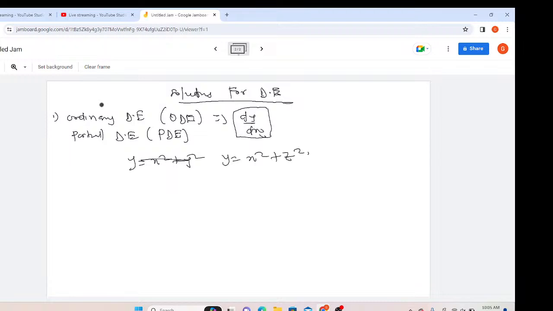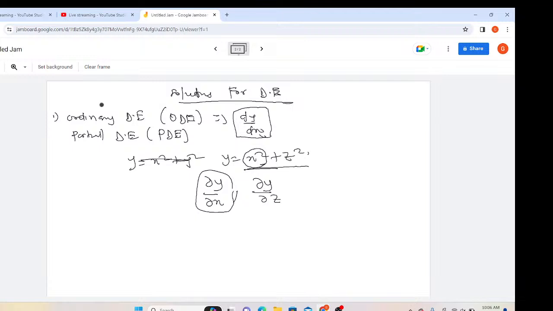Because y depends on two other independent variables, when you want to differentiate y with respect to one of the variables, that's called a partial derivative. So we can have the partial derivative of y with respect to x, and then the partial derivative of y with respect to z. When you differentiate with respect to one variable, that wouldn't be a complete differential. That's why we call it a partial one.